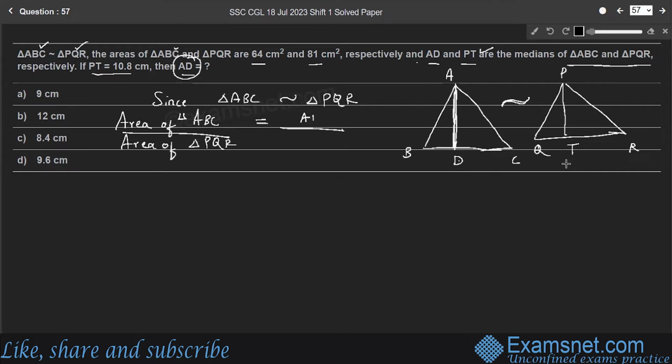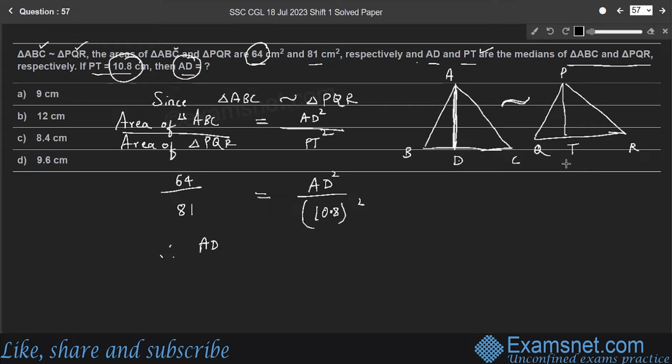So AD square by PT square. Triangle ABC area is 64 centimeter square, PQR area is 81 centimeter square, is equal to AD square by PT square. PT is 10.8, and it is squared.